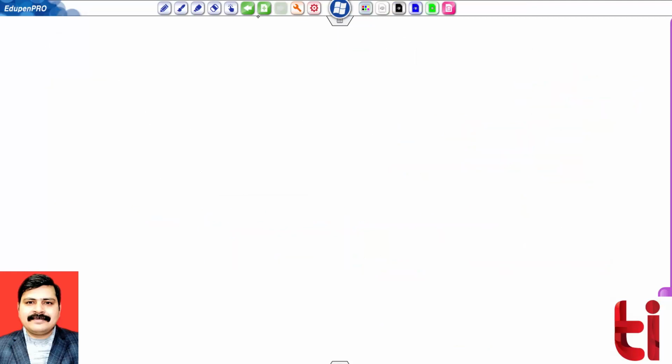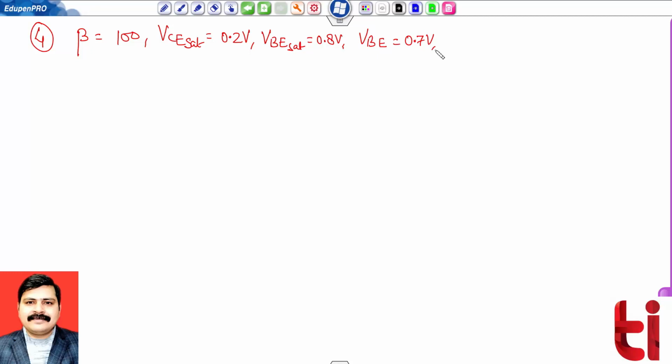Now let's move to another example. Here it is given as value of beta equals 100, VCE set equals 0.2 volt given. Now VBE set is also given, it is given as 0.8 volt. VBE normal is also given as 0.7 volt.